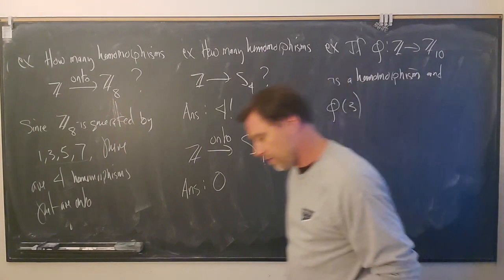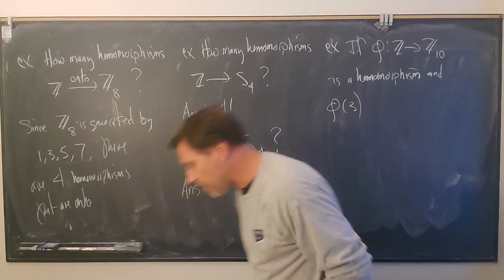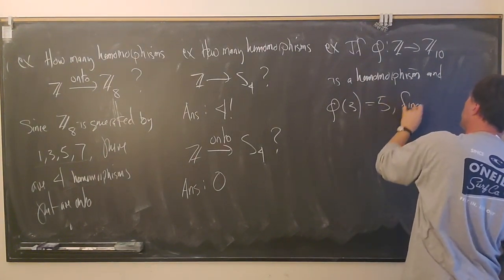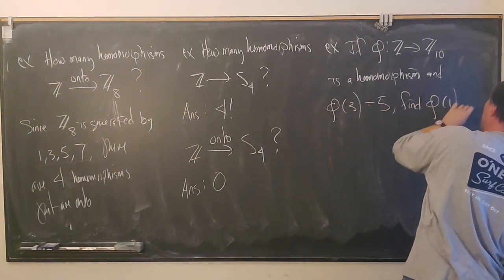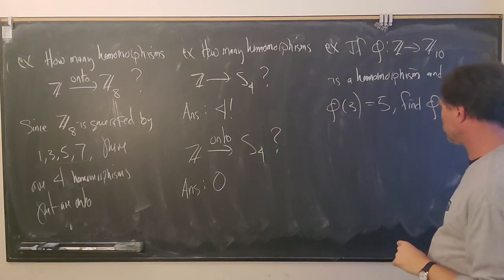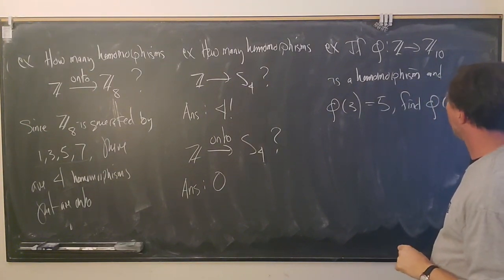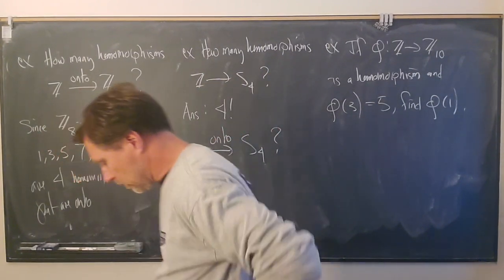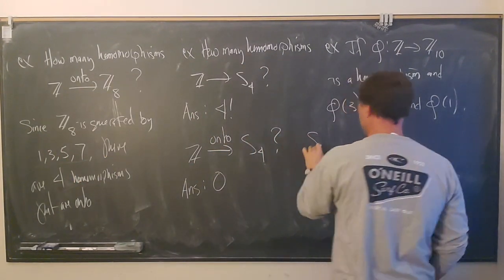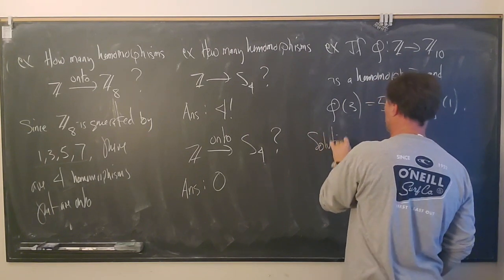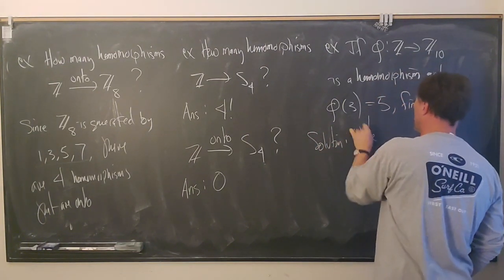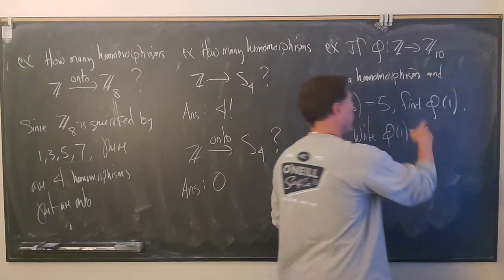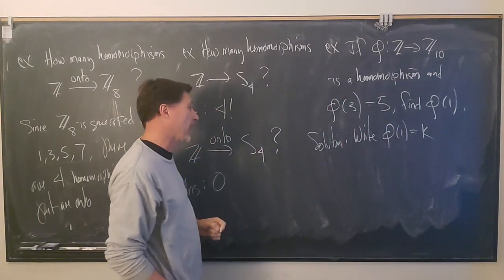We know that phi of 3 is equal to 5. What I want to do is find phi of 1. All right, so what do we do? Well, let's write phi of 1 equal to k. We know that it's some integer between 0 and 9.